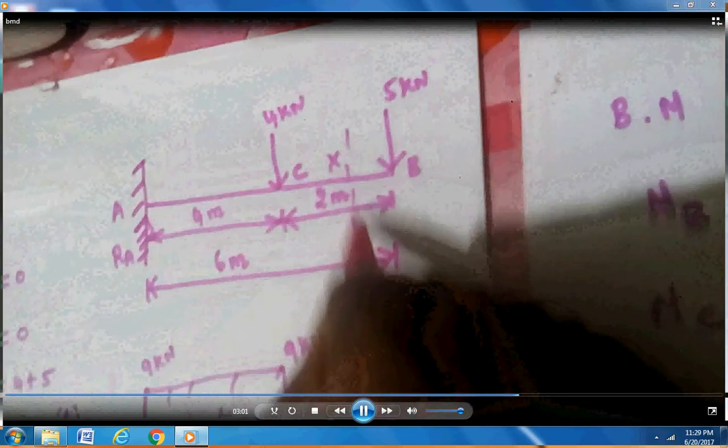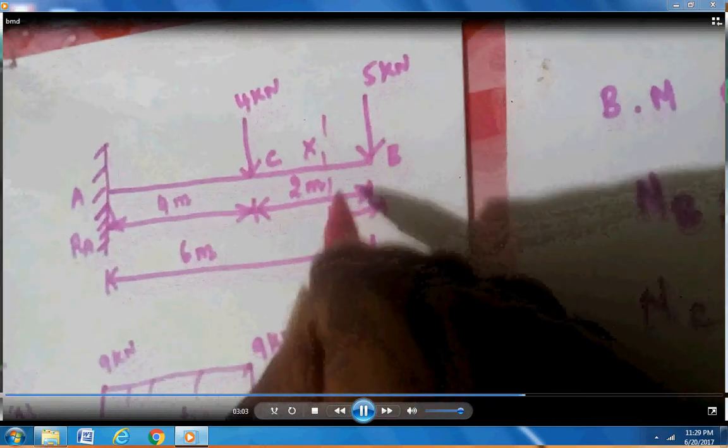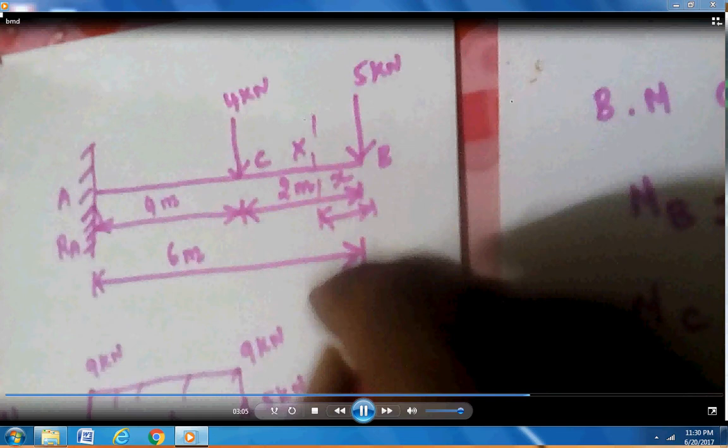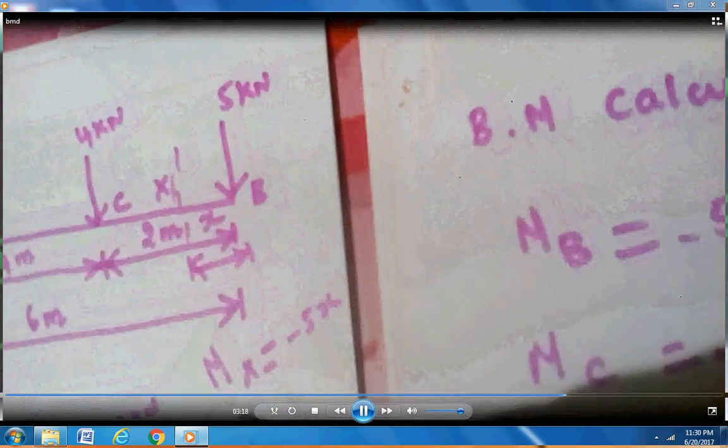Take any section H which is at the distance of small h from B. Bending moment at this section is Mh equal to, its right side only one load, that is 5 into distance h, so minus 5h. We know that the equation of a straight line is y equals mx plus c.